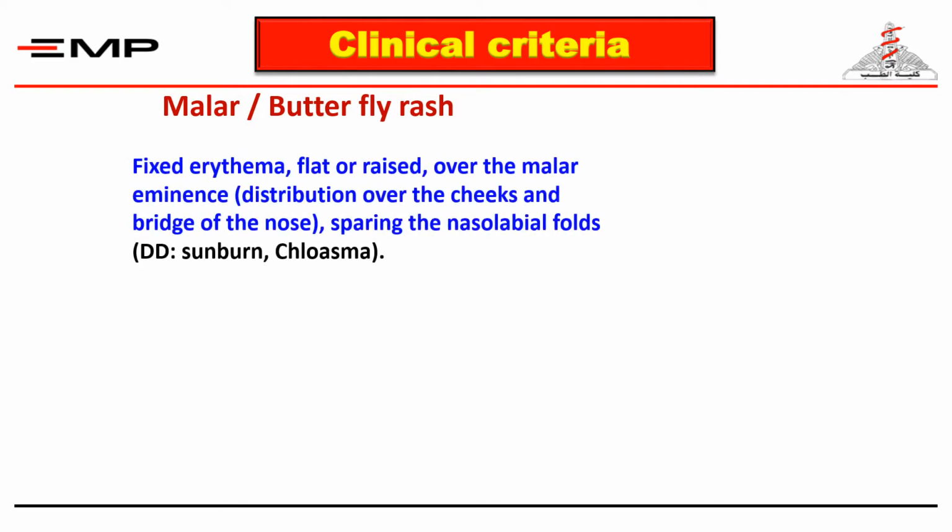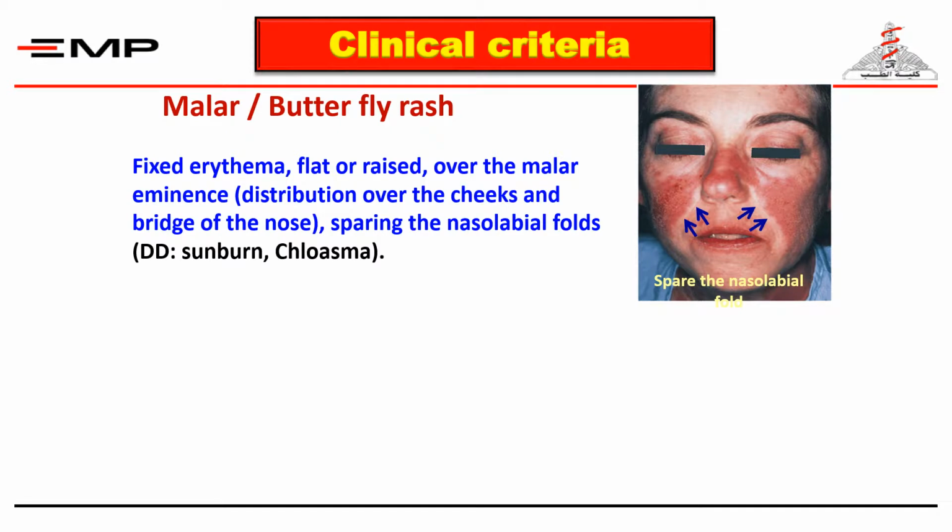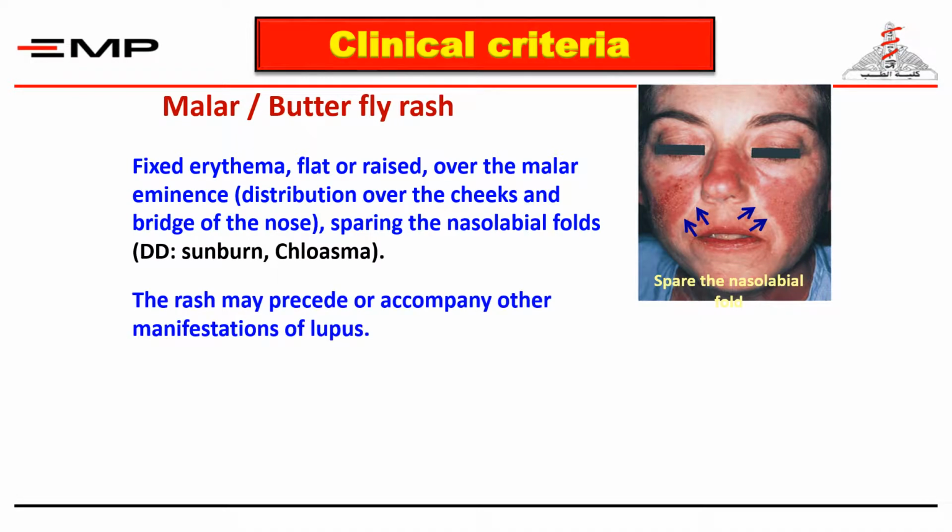Malar butterfly rash: fixed erythema, flat or raised over the malar eminence, as we see. Distribution over the cheek and bridge of the nose, sparing the nasolabial fold, as we said before. The differential diagnosis is sunburn and chloasma, but these cases do not spare the nasolabial fold.